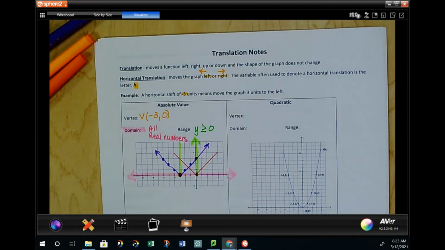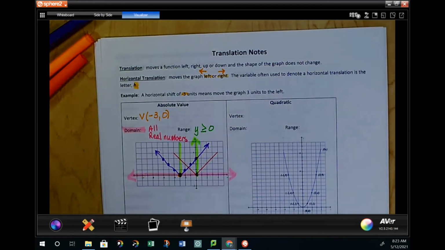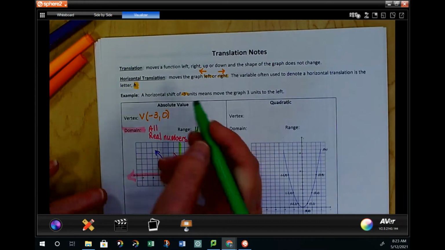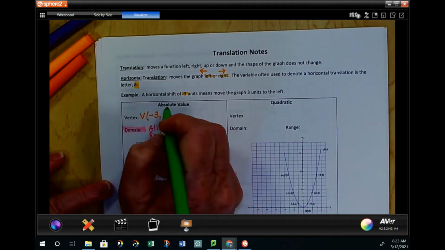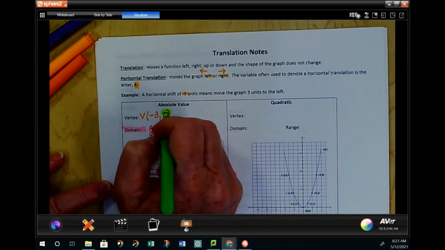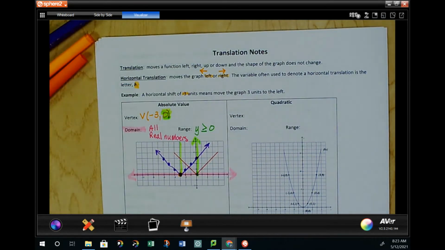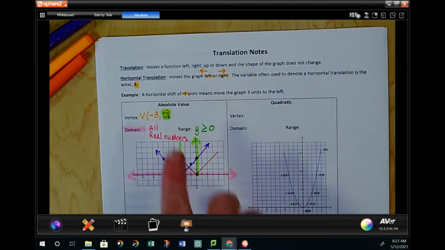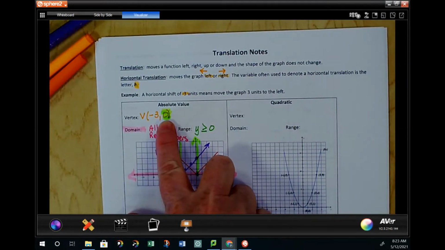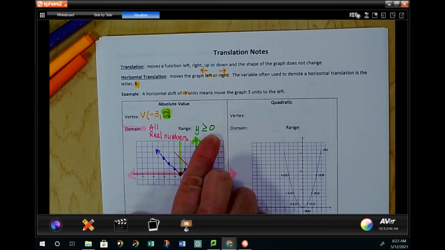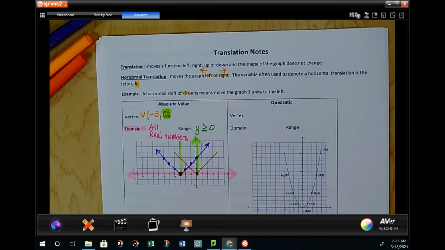And the important part is, notice that this number for your range happens to be the same as the y value of your vertex point. And you'll see the difference in a second.